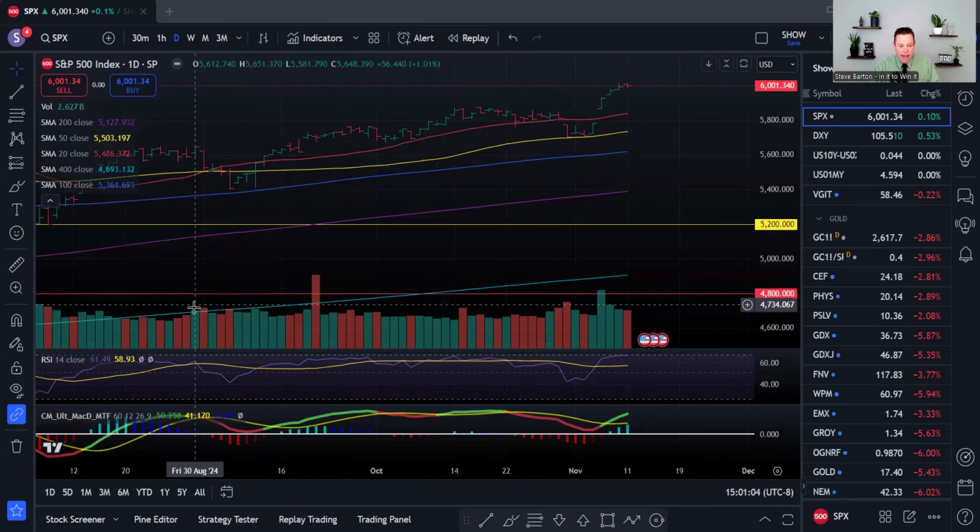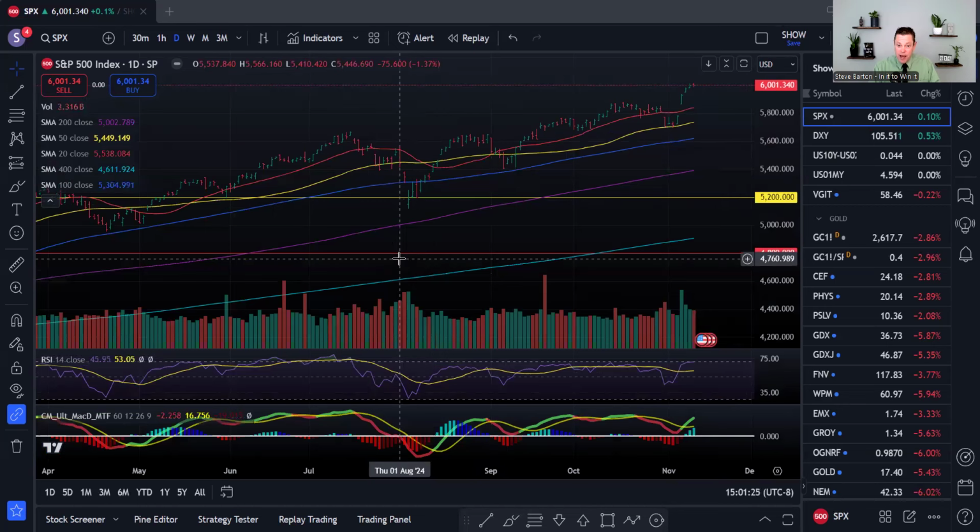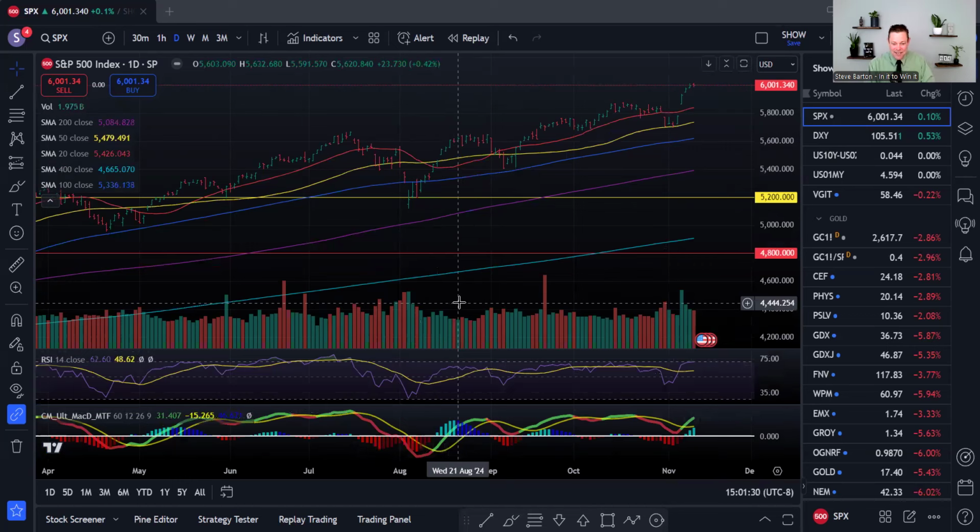If we hover over this RSI moment back here in August 5th, we can see that the RSI, this purple number, is at 30.55, and check that out. That happened to coincide with the lowest point in the S&P 500 since then, and after that, it went up. Coincidence? I think not. So that's the RSI.